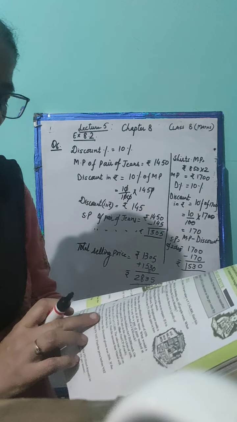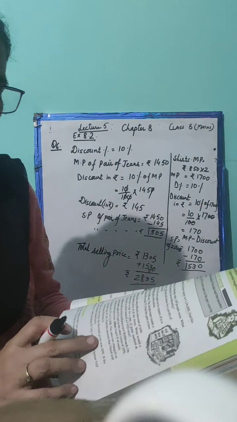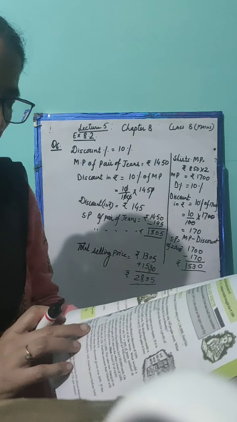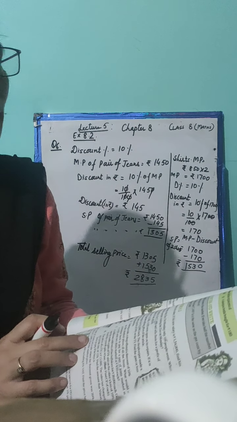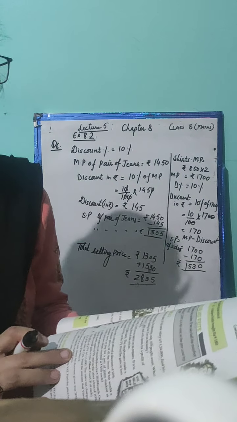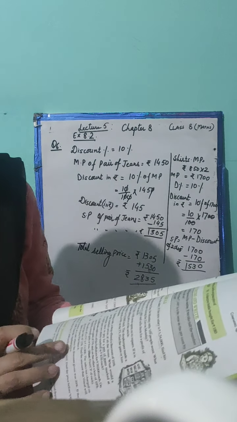Arun bought a pair of skates at a sale where the discount was 20%. The amount he pays is rupees 1600 after the discount, and we have to find the marked price. How will we start the question?